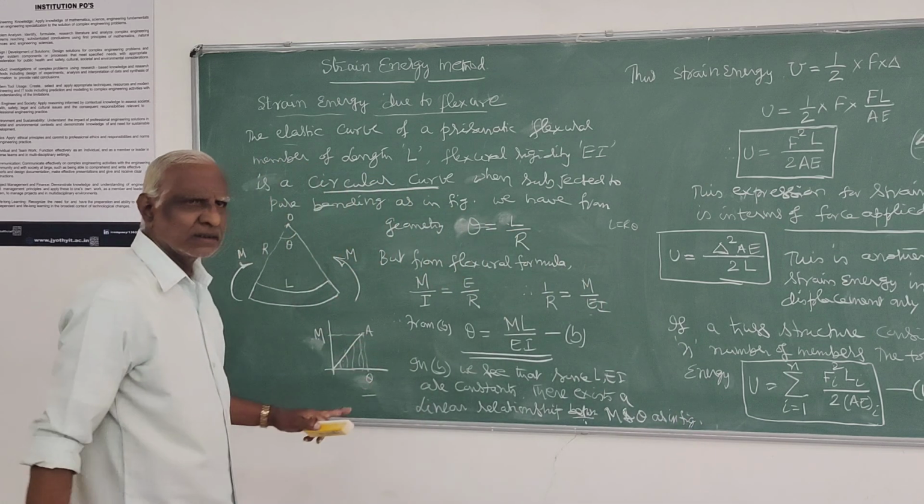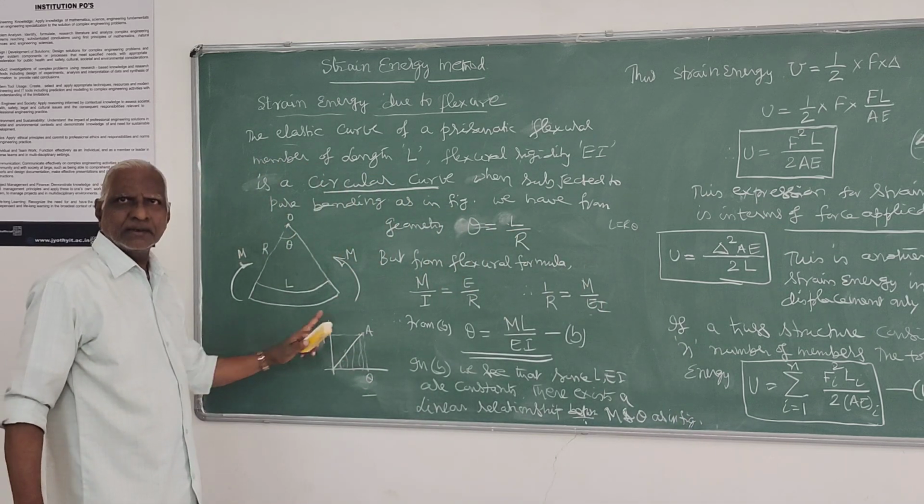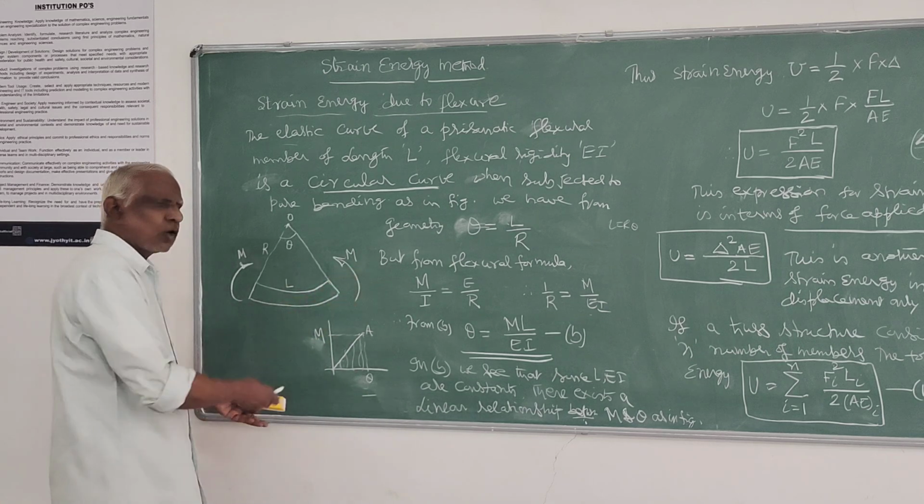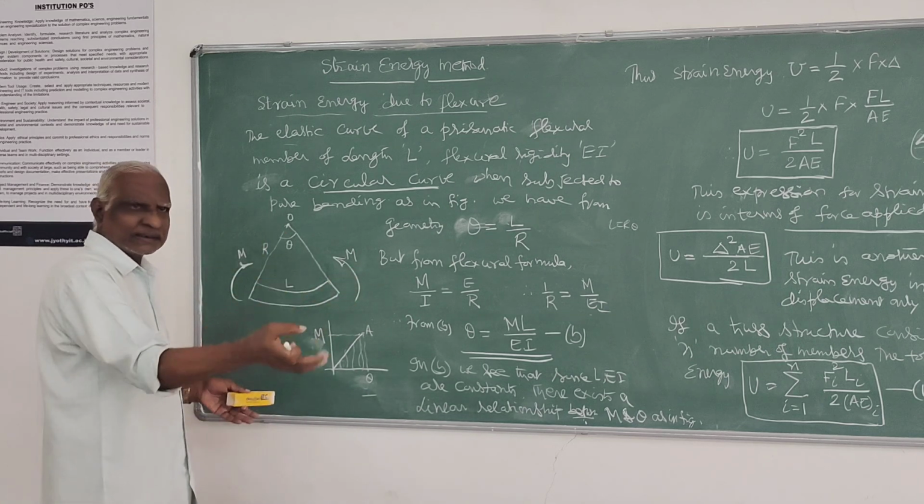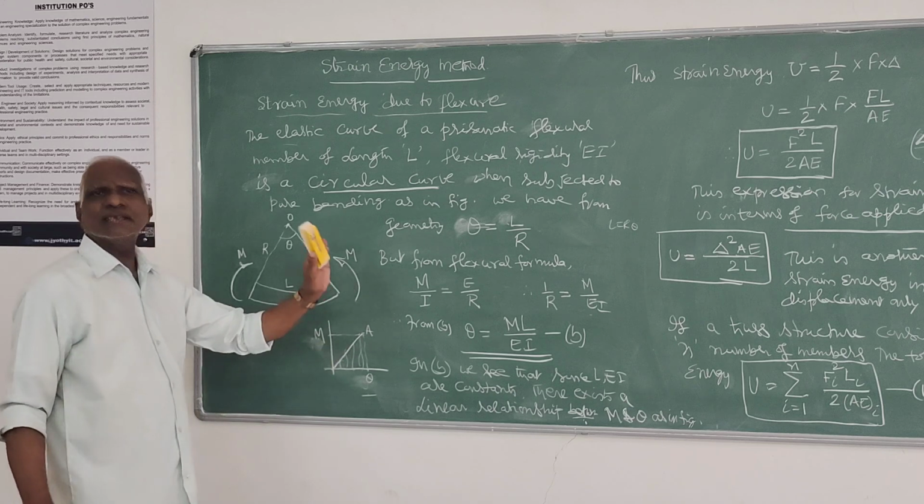That is this figure. There exists a linear relationship between M and theta. You just go on taking different values of M, measure theta, plot it, and you will get a straight line.